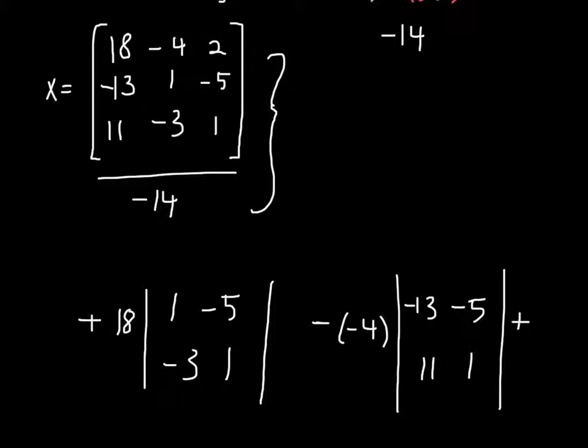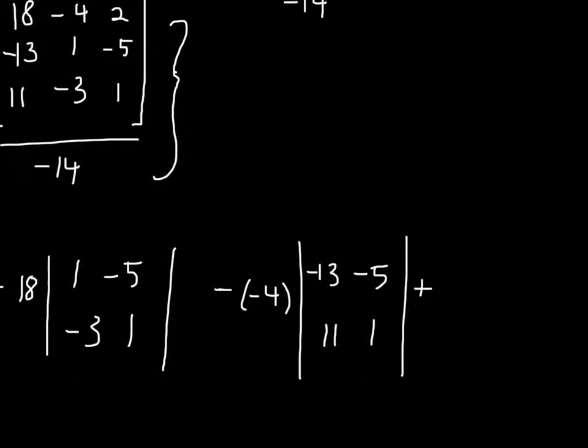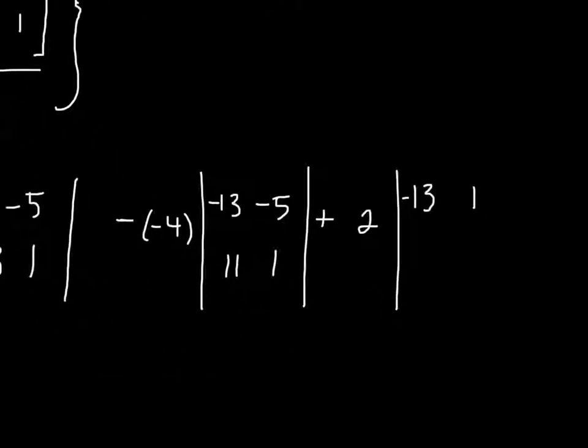Finally, we're going to move on to our 2. So we have our 2 here, and we're going to take out the same row and same column. So we're going to set up 2, and then we have -13 and 1, and then 11 and -3.